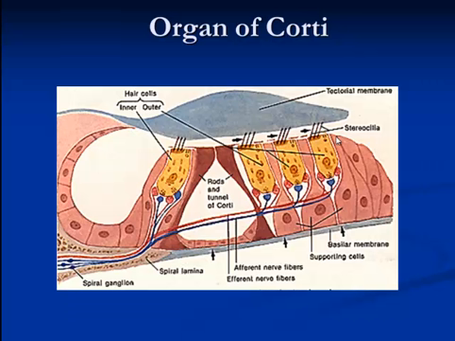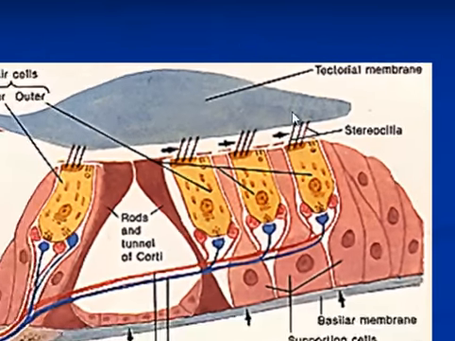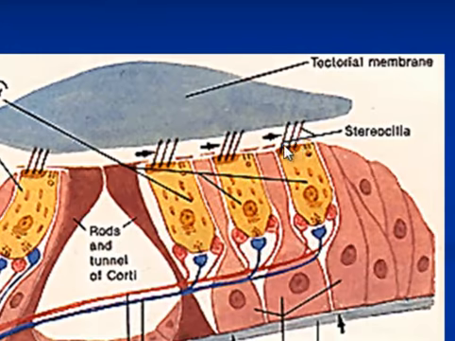And here's where we get something a little different. They're not affected by a chemical, like a neurotransmitter. They're not affected by electricity, like the voltage-gated ion channels. They're affected by a mechanical process, by the stereocilia opening and closing these ion channels.